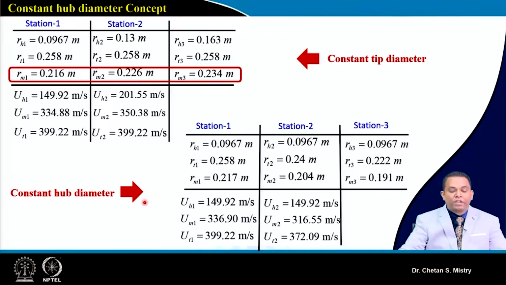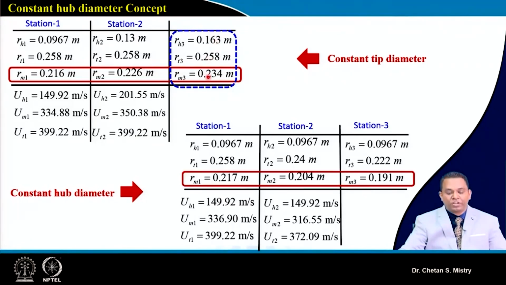In the mean station calculation, the entry mean station is 0.216, at mid station it is 0.226, and at the exit we have 0.234. So this gives an upward direction configuration for the streamlines. Here are the dimensions at hub, tip and mean station.